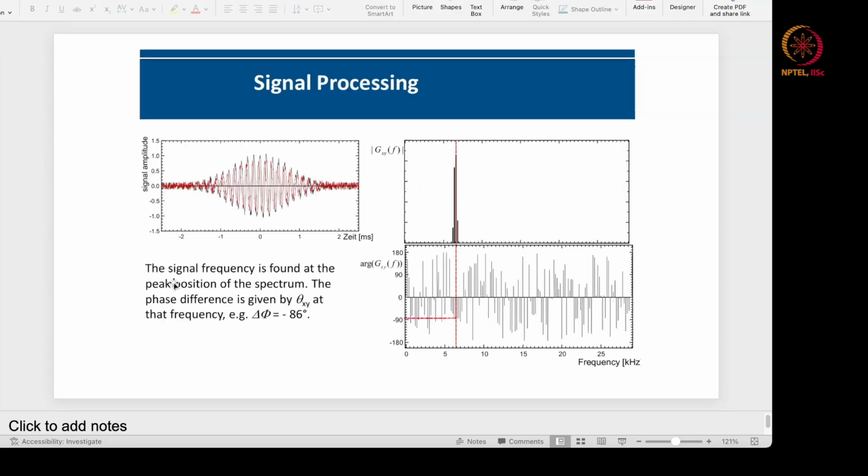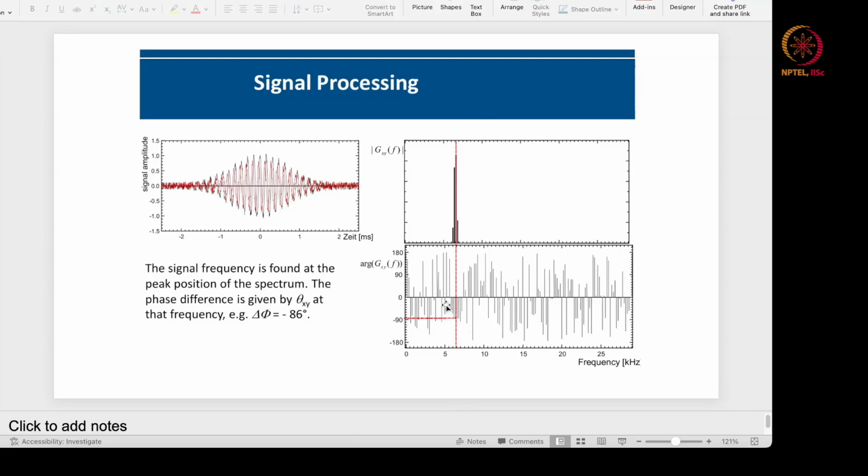After the signal processing is done, this is your overall cross-spectral density, and this is the argument. Now you will see that the power is more or less at a particular frequency. This is the frequency, and then you calculate the phase for that particular power.